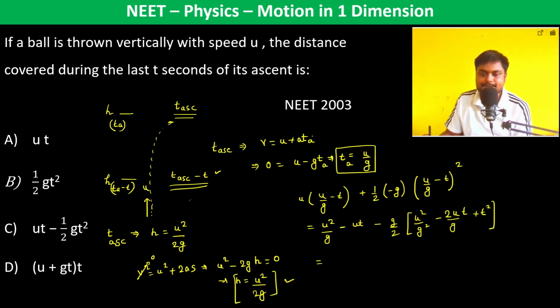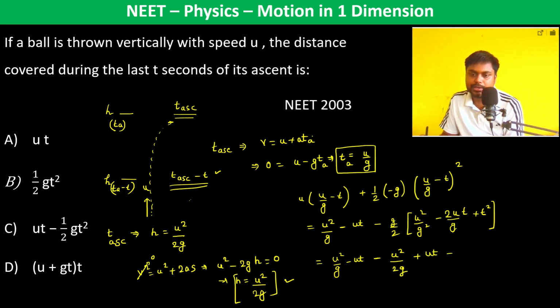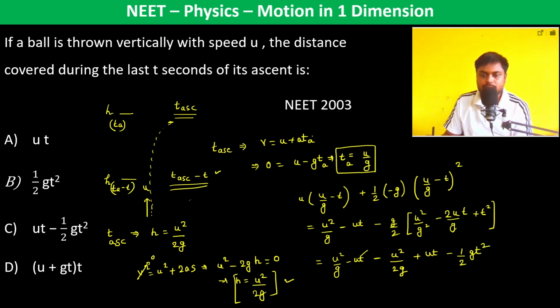So we have u square by g minus ut minus u square by 2g plus ut minus half gt square, and this becomes u square by 2g minus half gt square.